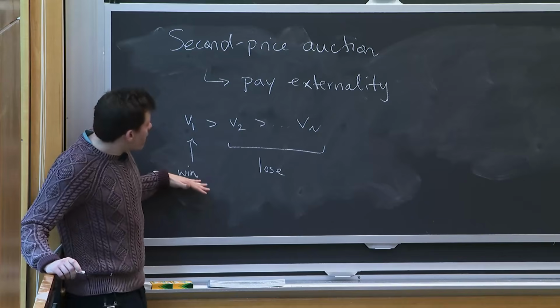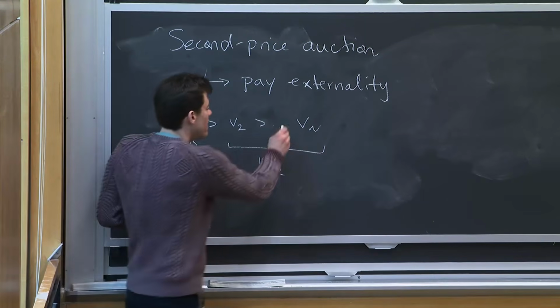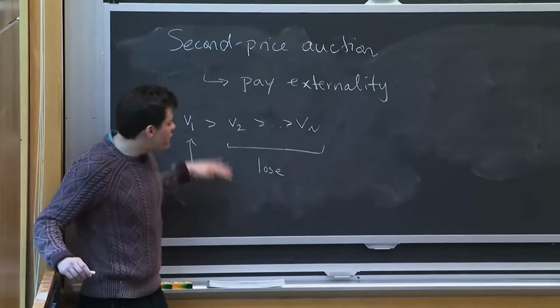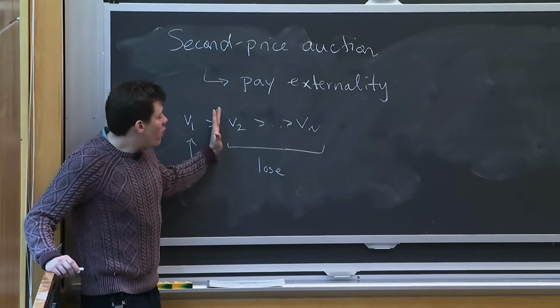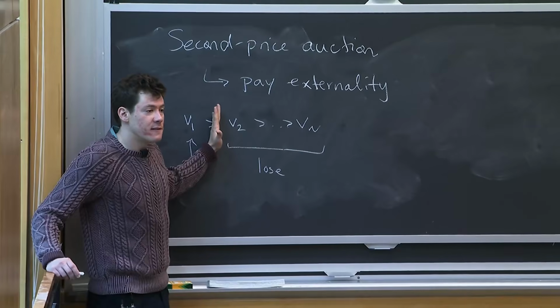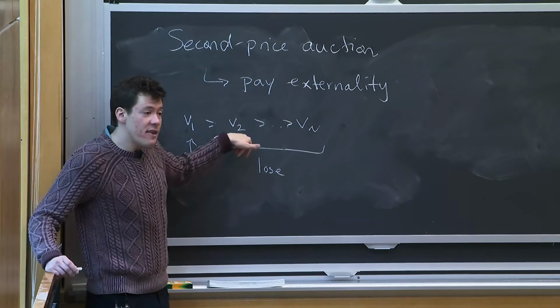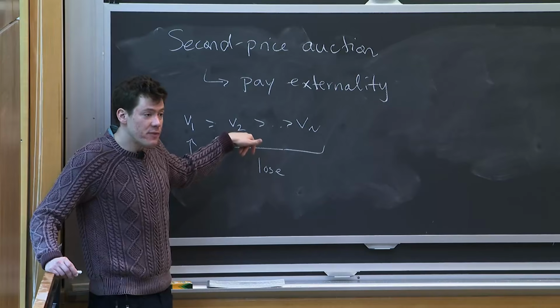Now, what if I weren't here, and we just wanted to allocate the good in a way that was efficient for everyone else? What would we do if bidder 1 were not here? Who would we allocate it to? Bidder 2. And what would they get? Their valuation would be V2, right?